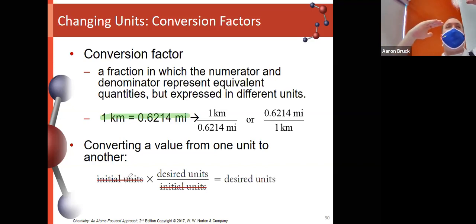The two units that are the same, one should be in the numerator, one should be in the denominator. And if it's that way, they both cancel out. I'm left with whatever it is that I'm trying to find.